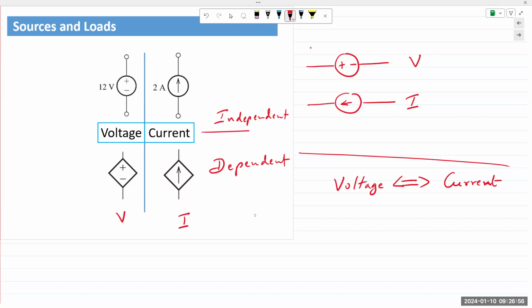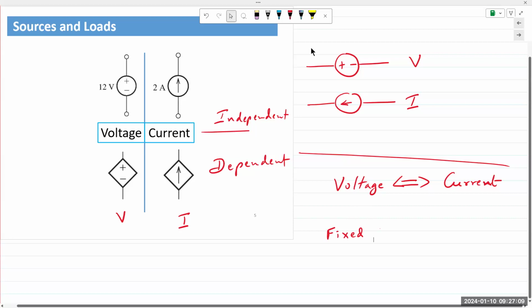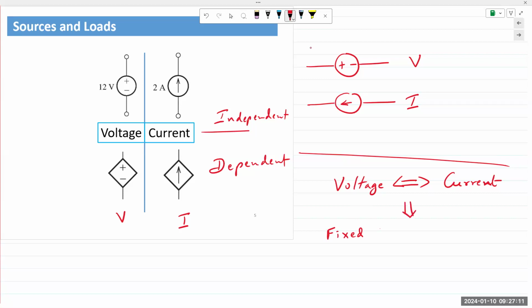The difference is that when you say a voltage source, it supplies a fixed value of the voltage, while the other value can be changed.